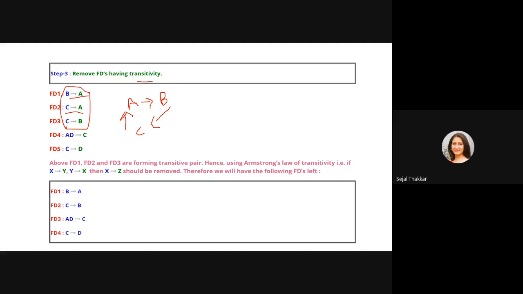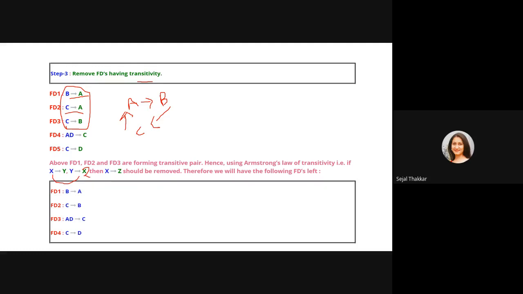So if X tends to Y and Y tends to Z, then you can write X tends to Z, and this X tends to Z you have to remove.